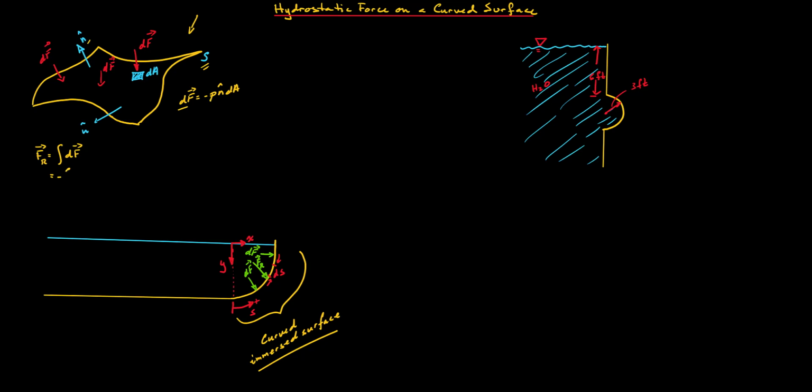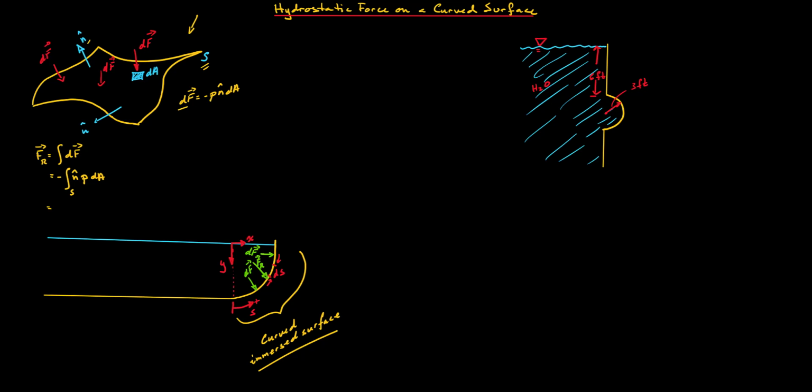So we've defined what this differential force is. We integrate over the surface, and we have our unit outward normal multiplied by the local pressure multiplied by the differential area, where the differential area would be the length of the element ds multiplied by the dimension into or out of the page.